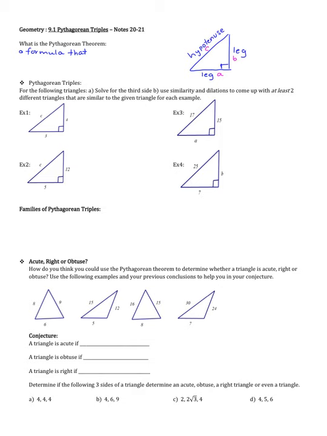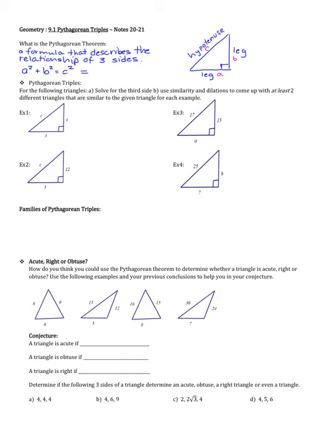A formula that describes the relationship of the three sides. So given any two sides, you can find the third. And that formula, which you all know and love, is a squared plus b squared equals c squared.